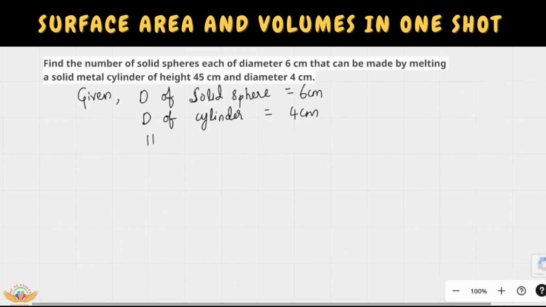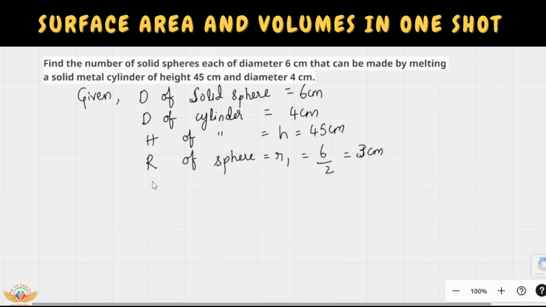And they have given the height of the cylinder, that is h equal to 45 centimeters. And the radius of the sphere, I am taking it as R1, that is equal to 6 by 2, that is 3 centimeters.